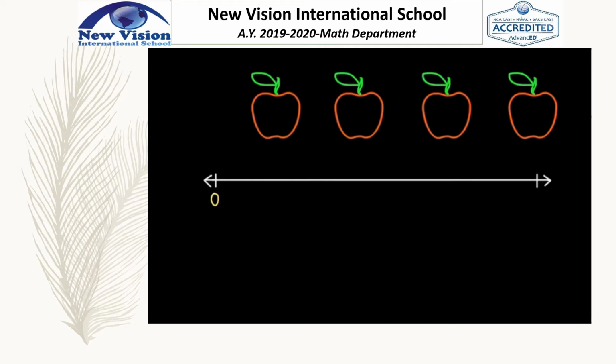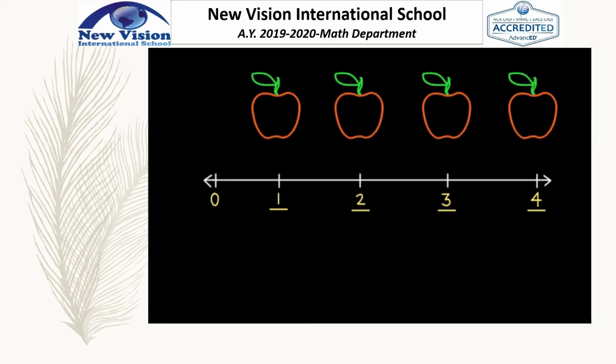If we had 4 whole apples, we would represent them on the number line like this. 1, 2, 3, 4. Each whole apple is represented by a whole number. Do you remember how we showed one apple as a fraction? The number of apples, 1, 2, 3, 4, are the numerators.